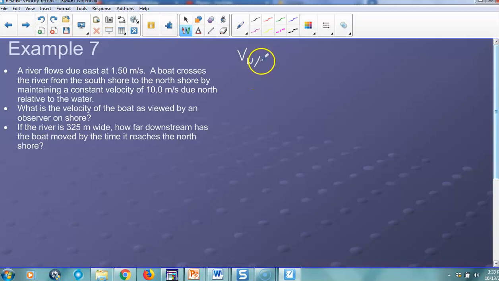Water relative to Earth is equal to 1.50 meters per second east. The boat crosses the river from south shore to north shore by maintaining a constant velocity. So velocity of boat to water is going to be 10 meters per second due north.